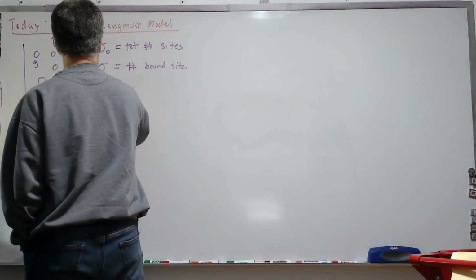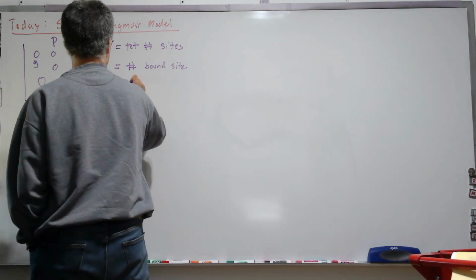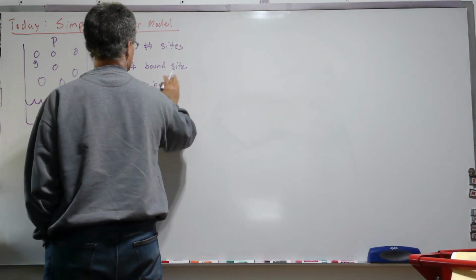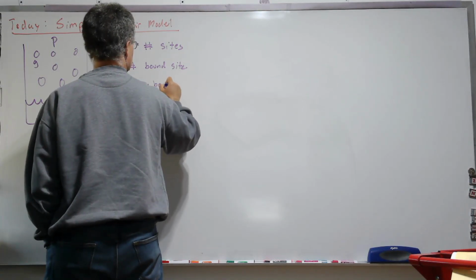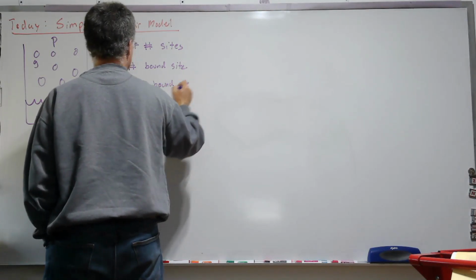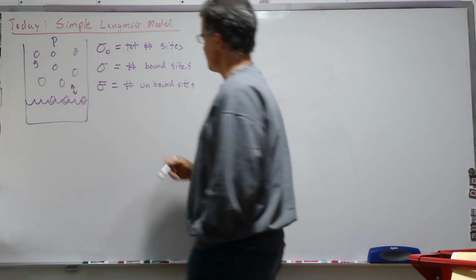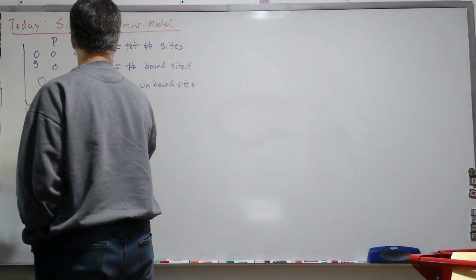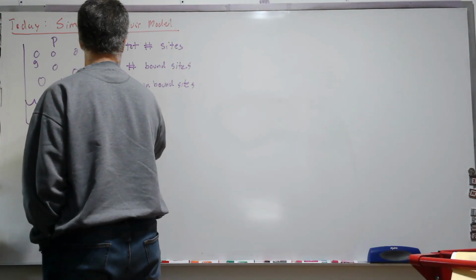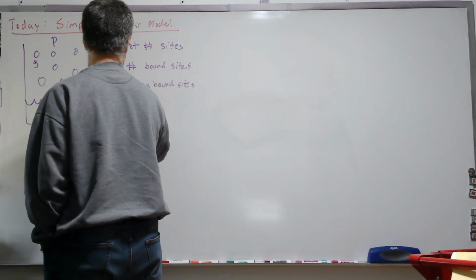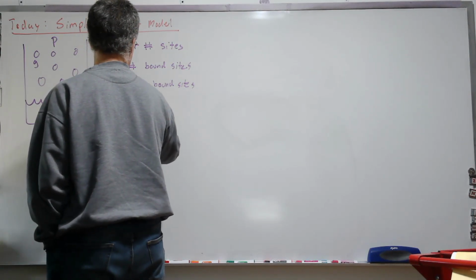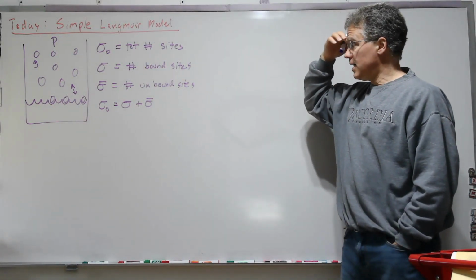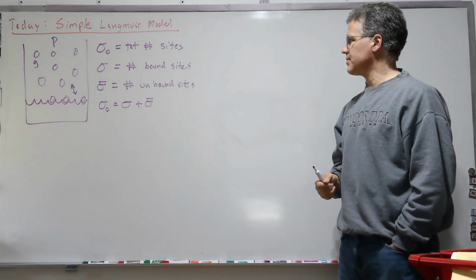And sigma bar equal to the number of unbound sites. Okay, then of course the total number is sigma plus sigma bar.